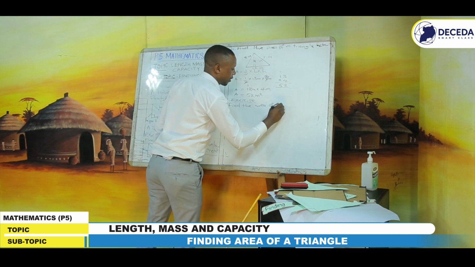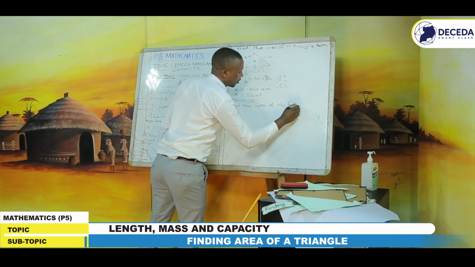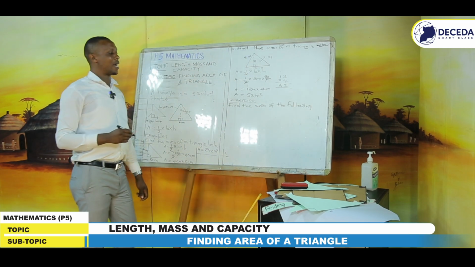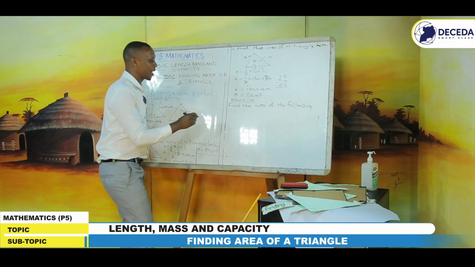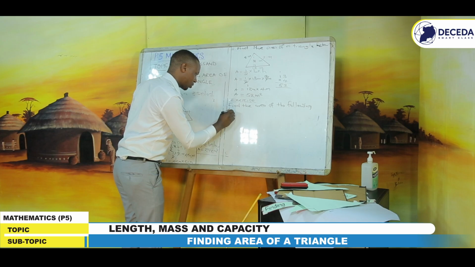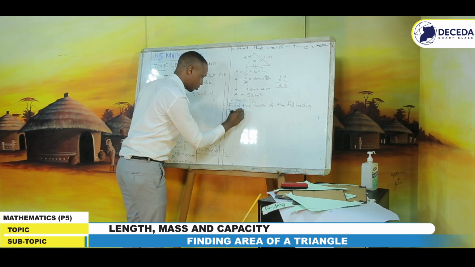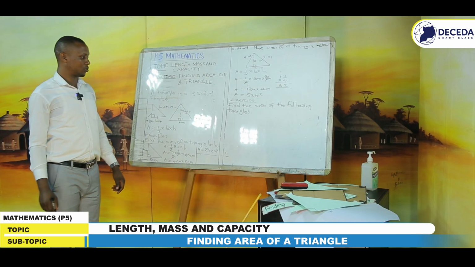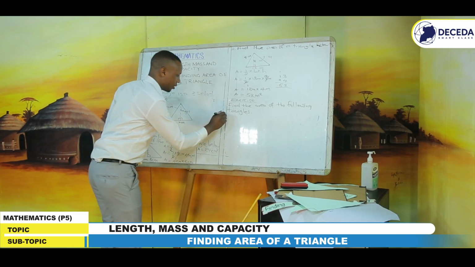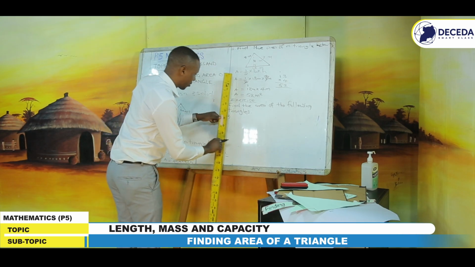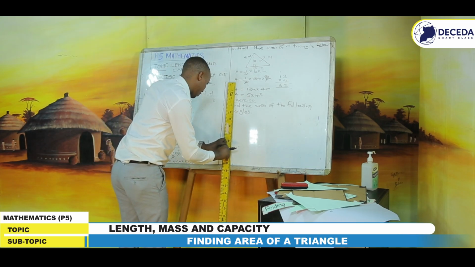Find the area of the following triangles. Part A, you are having the first triangle as I'm illustrating it here.